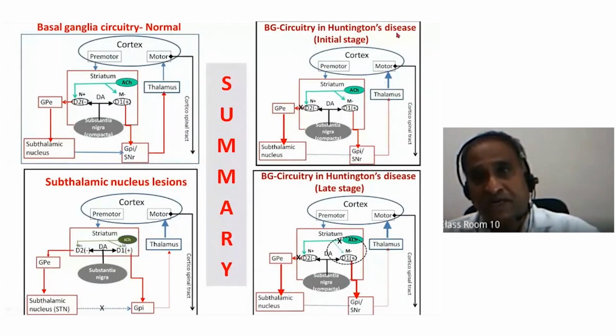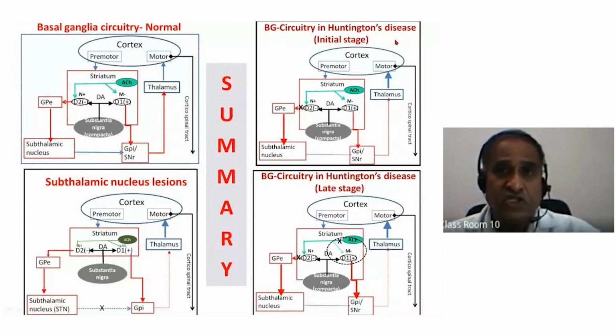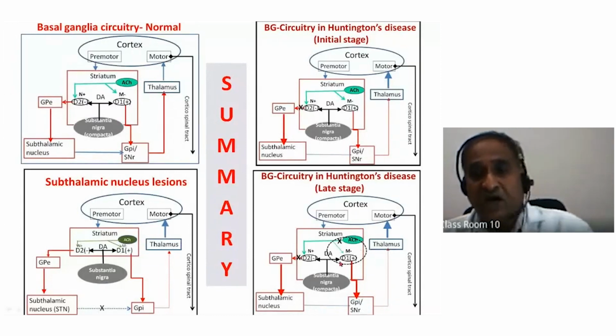That produces the hyperkinetic actions to start with. And these are enhanced because of the escalation of the direct pathway, or more inhibition of the indirect pathway. The direct pathway is a hyperkinetic pathway. This gets inhibited because of the imbalanced cholinergic involvement, or the indirect pathway is also not excited.